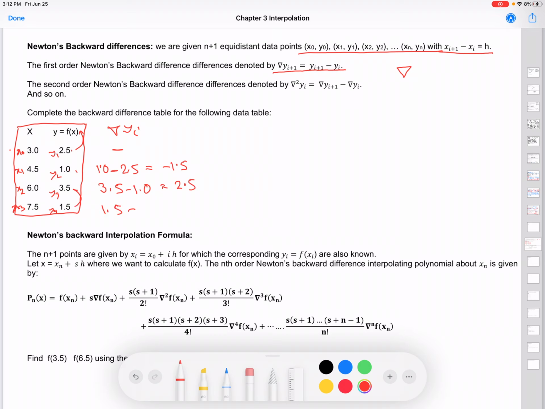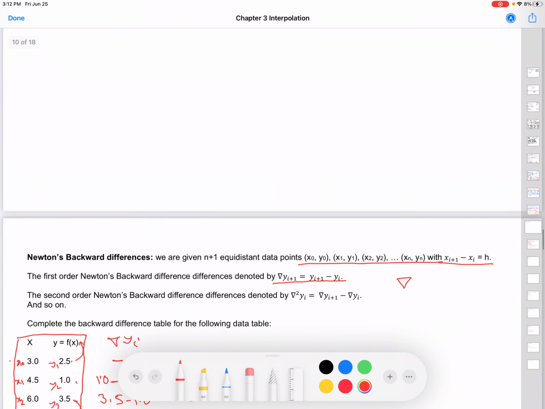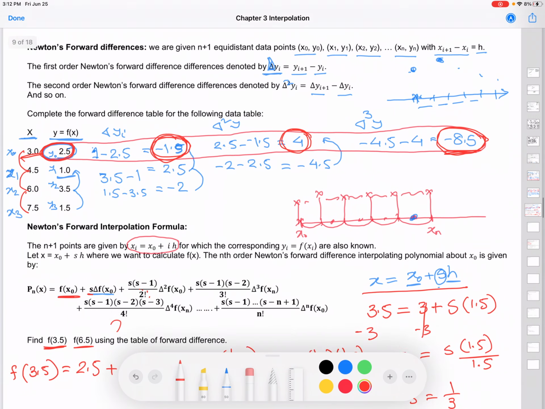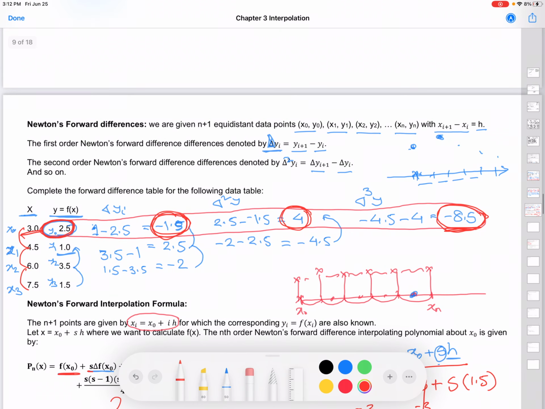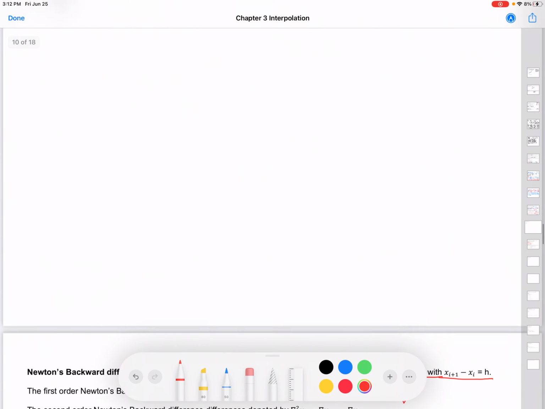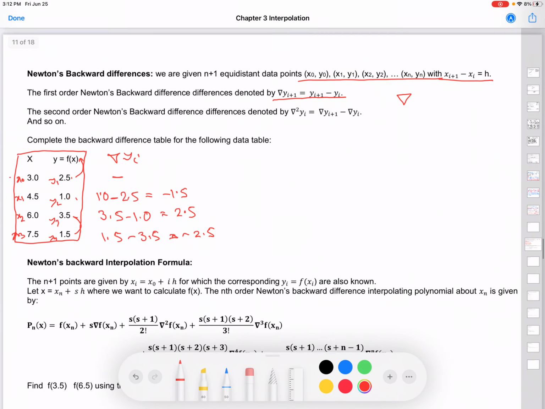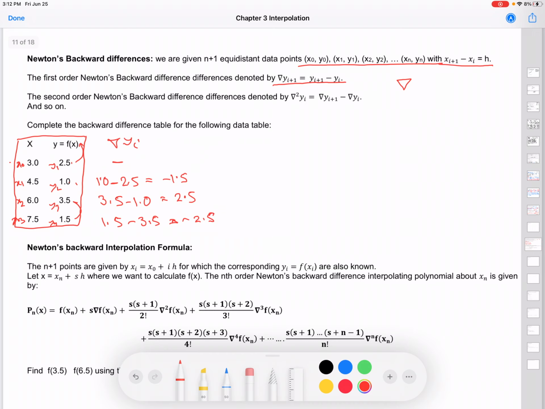Then 1.5 minus 3.5 is negative 2. So these are actually the same values. If you go back, you can see negative 1.5, 2.5 and negative 2. They are the same values, but the only difference is the position is changed.